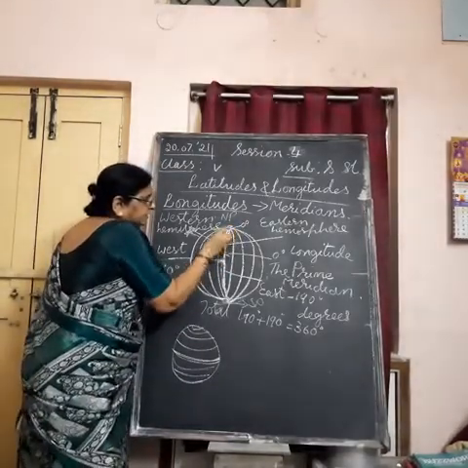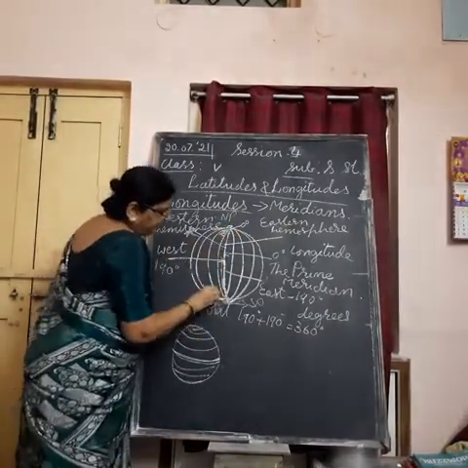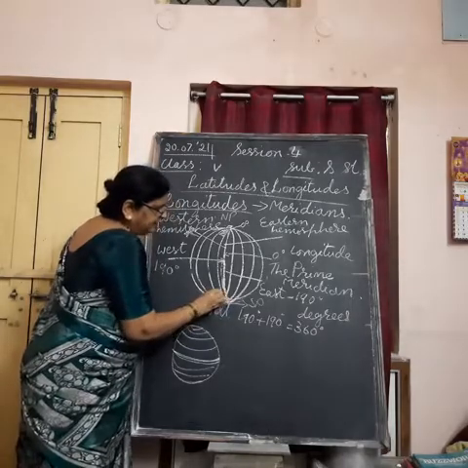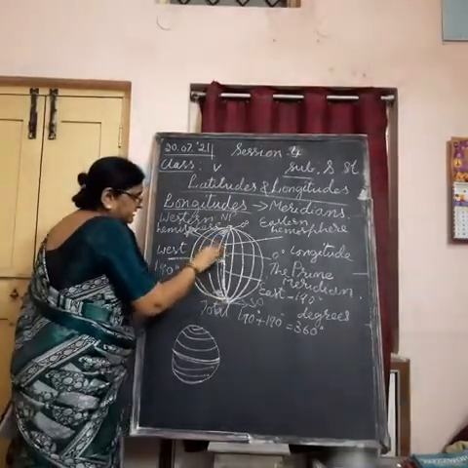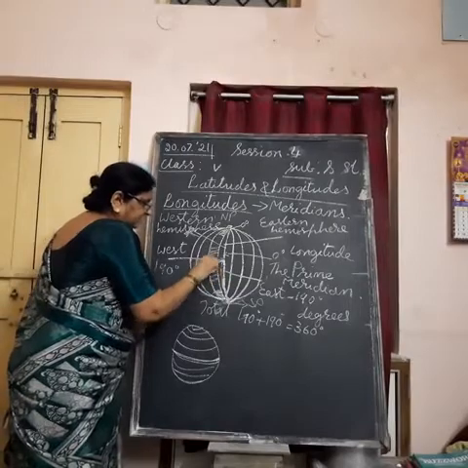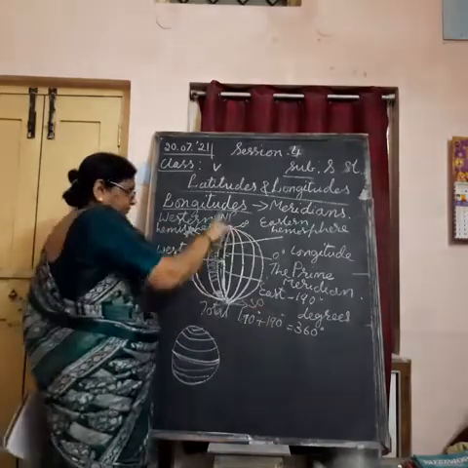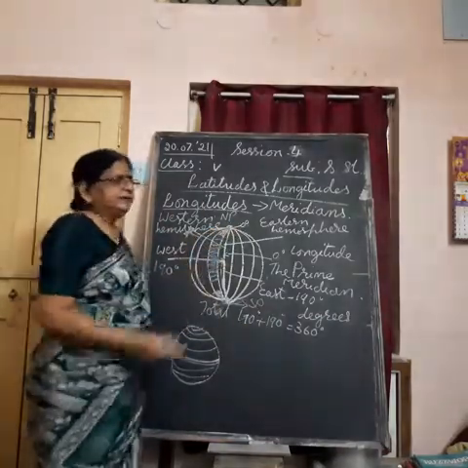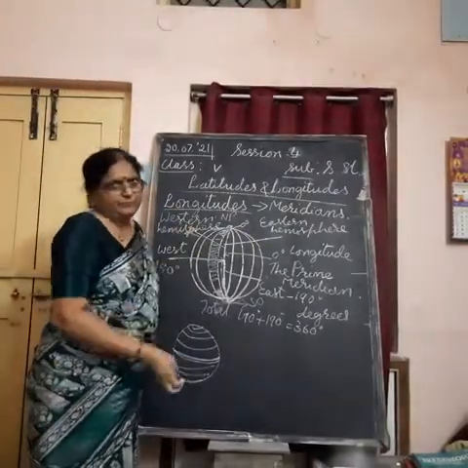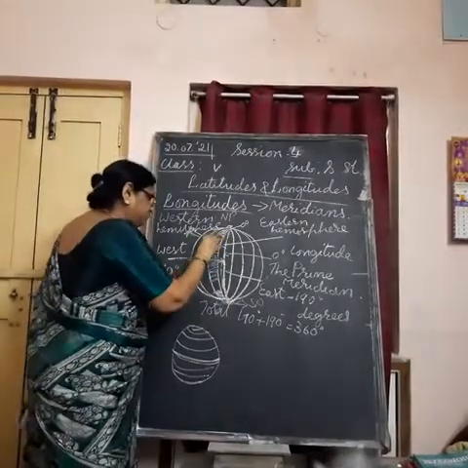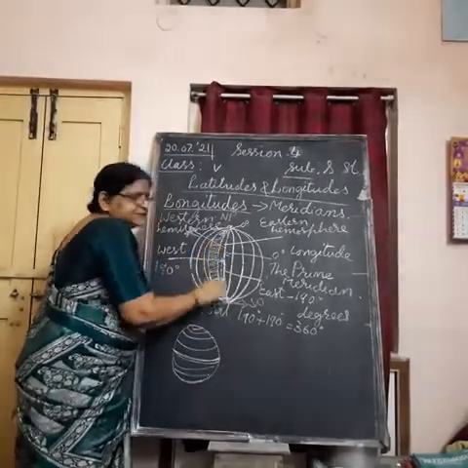Look here, the gap between any two longitudes will be less near the poles. And as they come towards the middle, their gap increases. Gap near the poles will be very small, means the gap between any two longitudes you take is narrow. Whereas as it moves from the poles towards the center, in the middle bulging is there.